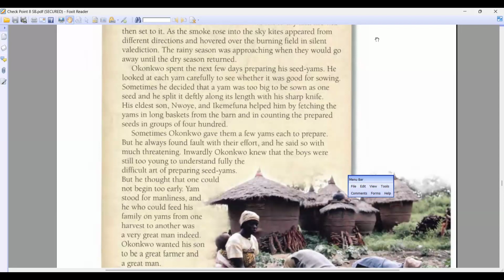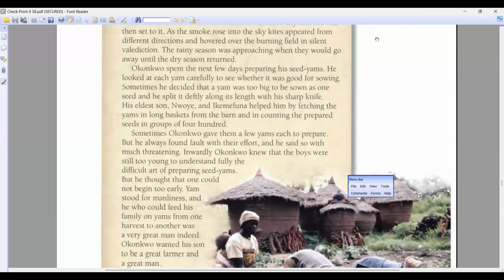Sorry, false. One is never too young to start learning about yam planting, but it says like, it's false, I think. Yes, it is false. Okay, go to next.